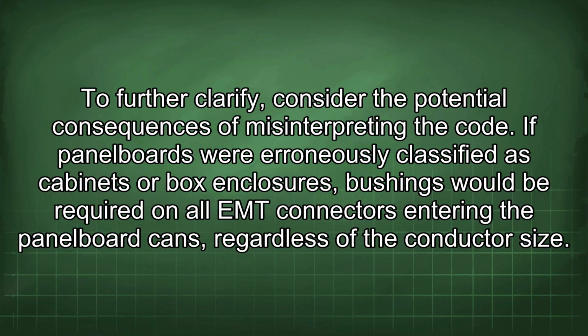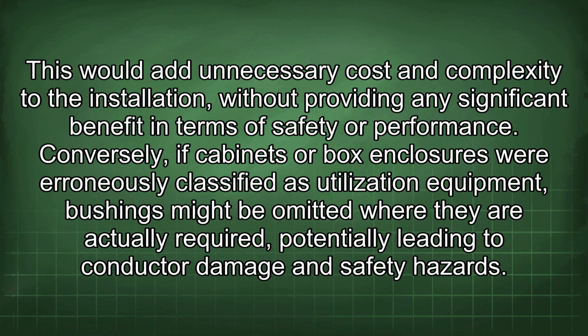To further clarify, consider the potential consequences of misinterpreting the code. If panelboards were erroneously classified as cabinets or box enclosures, bushings would be required on all EMT connectors entering the panelboard cans, regardless of the conductor size. This would add unnecessary cost and complexity to the installation, without providing any significant benefit in terms of safety or performance.